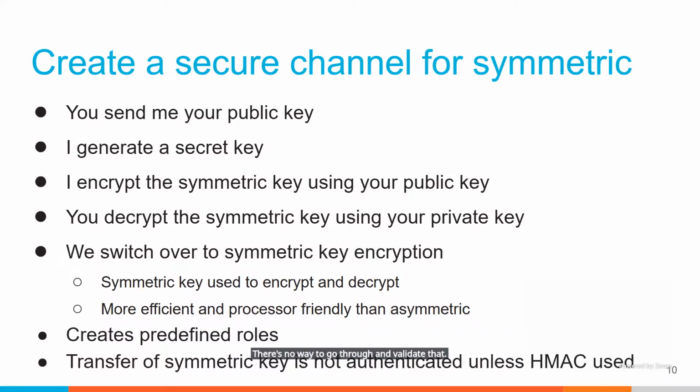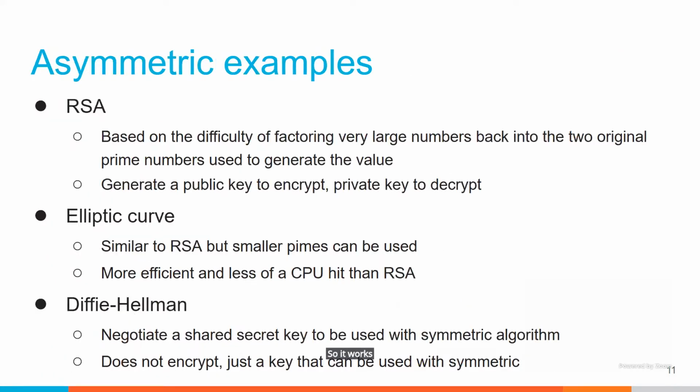In other words, I send you my public key, you create a symmetrical key. You encrypt it with my public key, my private key can open it up. Well, unless I have your public key as well, I have no way to validate that that information wasn't changed in transit or keys didn't get changed or something along those lines. So it works, but there are still some limitations around trying to do it that way.